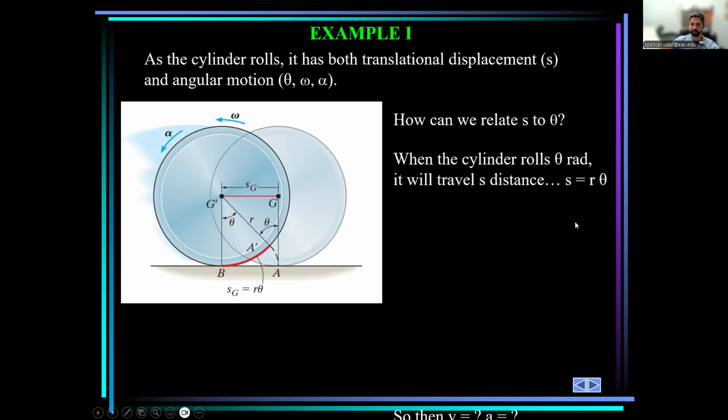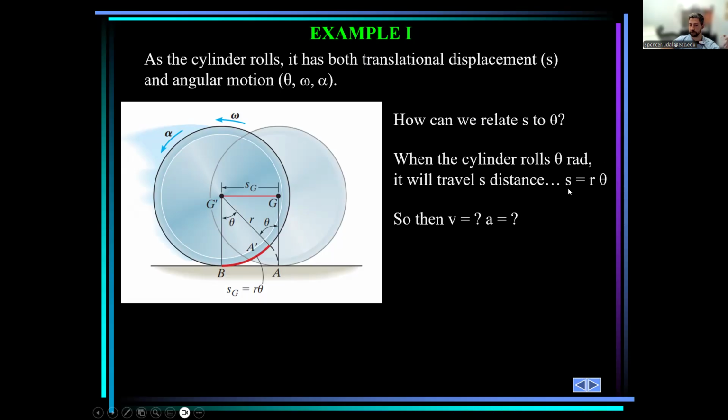But if we could get that, what's v? Well, time derivative of ds/dt would just give us v on the left side. d(r theta)/dt would be the right side. And we'd end up with r times the d theta/dt, which is omega, right? So we'd have v equals r times omega. You could do another one for a.